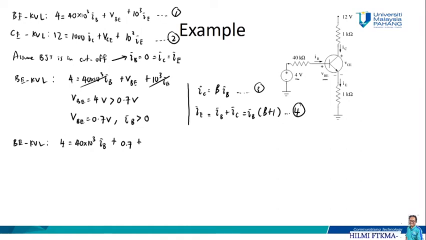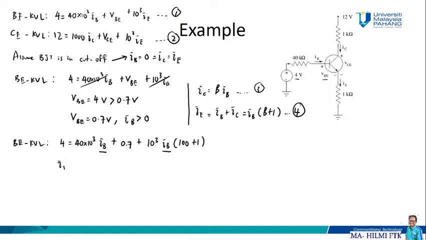So if we proceed with our equation here, 0.7 is the VBE plus IE, okay, 1 kilo ohms times IE. So we should get IB, so beta is 100 plus 1. So if we simplify this equation, we are going to get IB and IB.